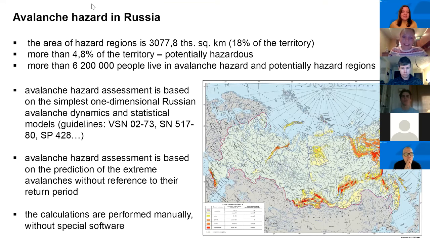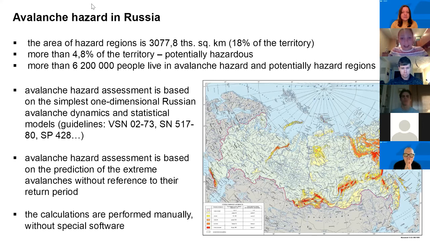And more than 6 million people live in the avalanche-hazard regions in Russia, as well as in potential avalanche hazard regions where avalanches can start to form due to climate change or deforestation, because forests can protect people from avalanches. Avalanche hazard assessment in our country right now is based on the simplest one-dimensional Russian avalanche dynamics and statistical models.